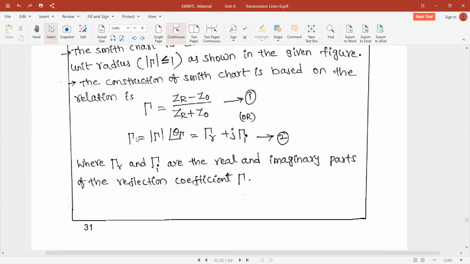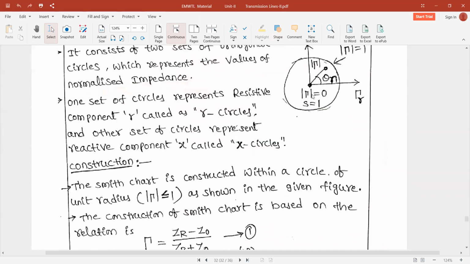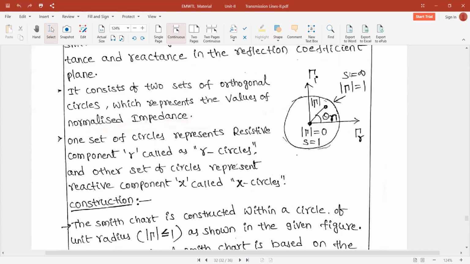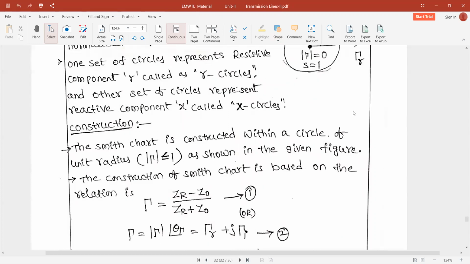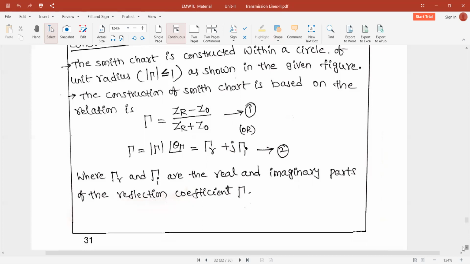We can write the reflection coefficient in polar form, the magnitude of the reflection coefficient with an angle theta R. When the reflection coefficient is equal to 0, S is equal to 1, and when the reflection coefficient is equal to 1, S is equal to infinity. In rectangular form, it is the real part of the reflection coefficient plus j into the imaginary part of the reflection coefficient, gamma R and gamma I.